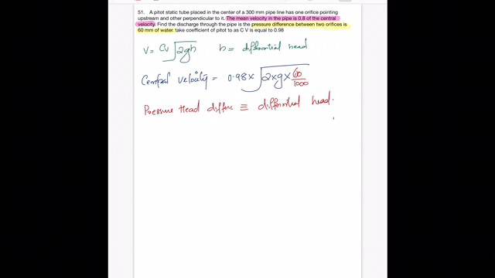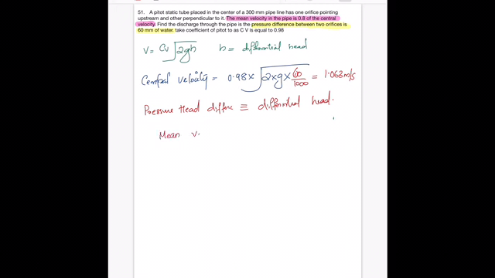Therefore, the central velocity will be equal to 1.063 meters per second.